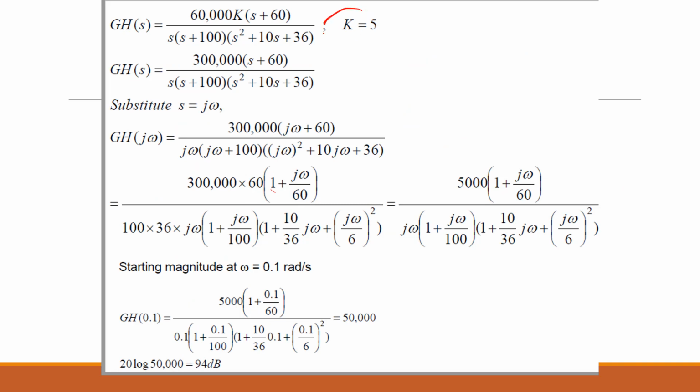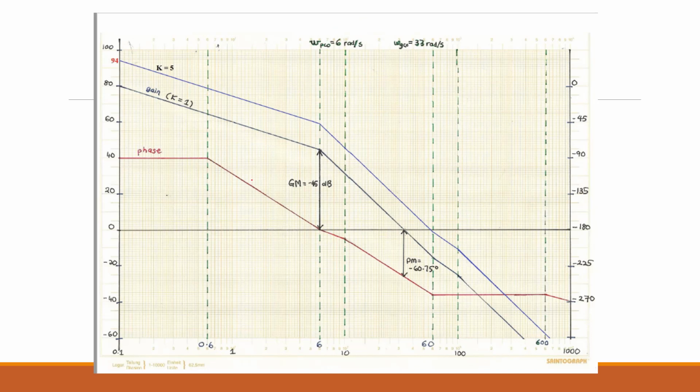When the gain K is 5, we need to find the starting point for the magnitude. Again, by converting the S domain to the J omega, we will get the starting point at 94 dB. So this is where the new gain K will start, at 94 dB.